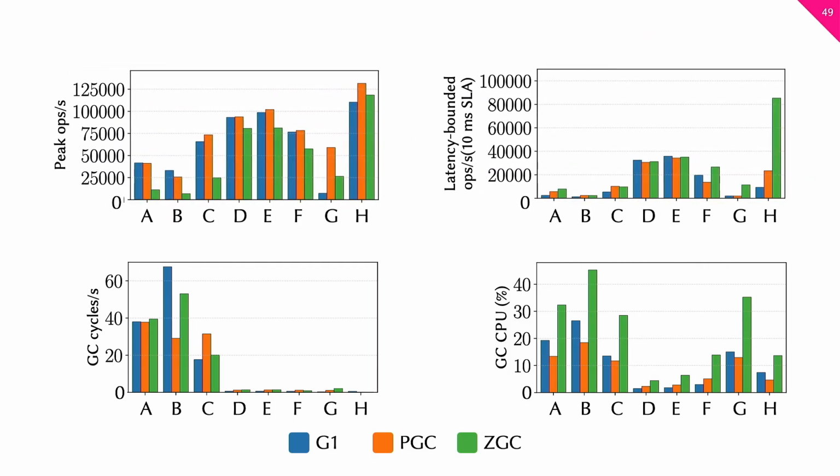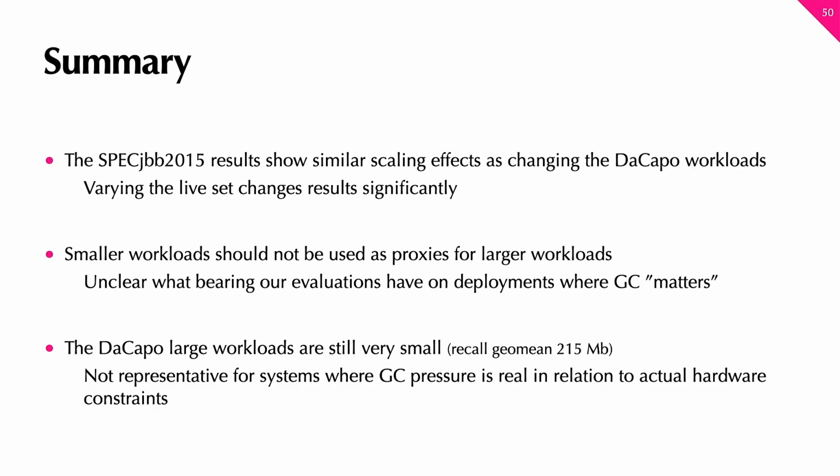All right, so let's summarize. Experimenting with SPECjbb 2015 seems to say that this is certainly not an effect of the DaCapo benchmarks. This is something that is perhaps more fundamental to GC. Varying the live set will change the results significantly. Using more memory will change the results that we report in evaluations.